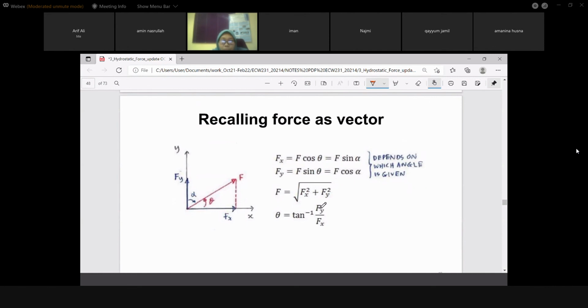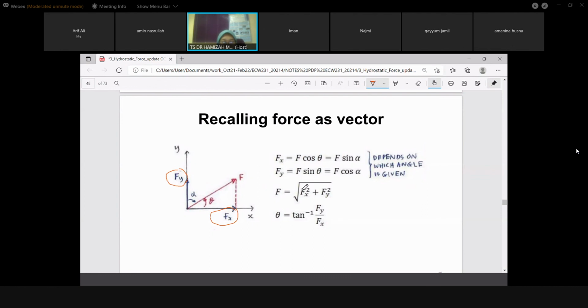Okay, so for a curve, how we calculate, we need to recall forces as a vector. So it depends on which angle is given, so we have cos or sine. Okay, after we vectorise the force, we have Fx in the x direction and Fy in the y direction.